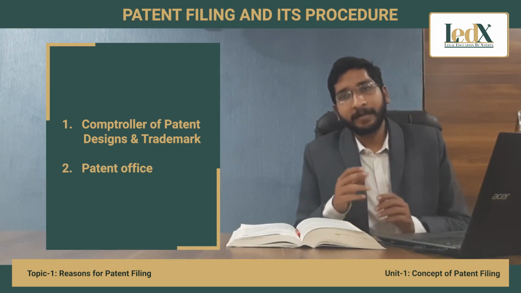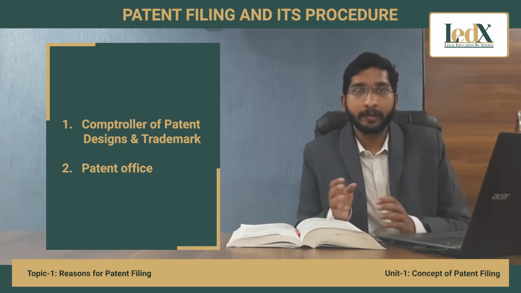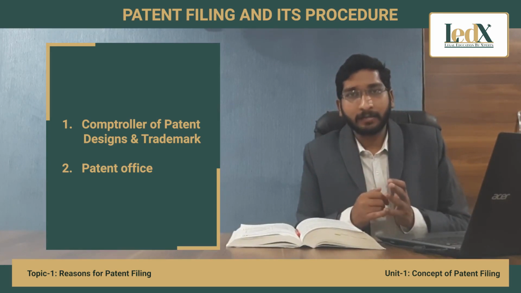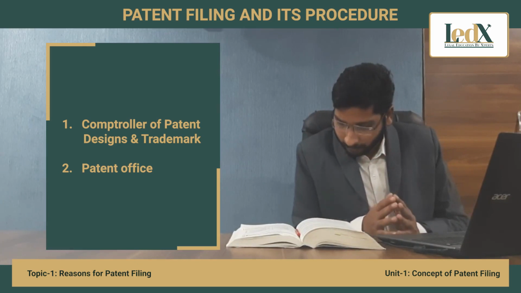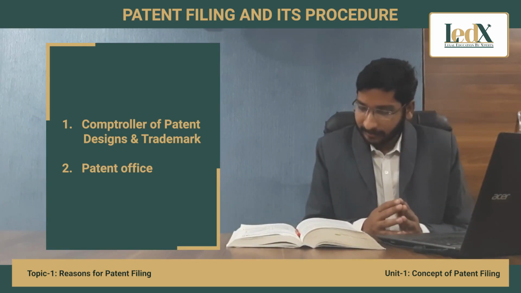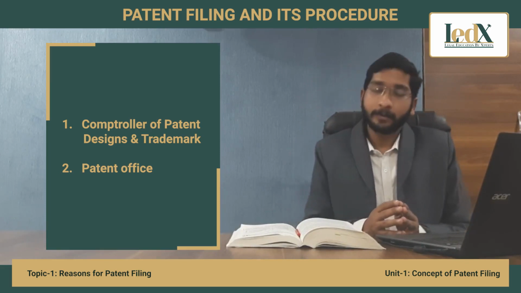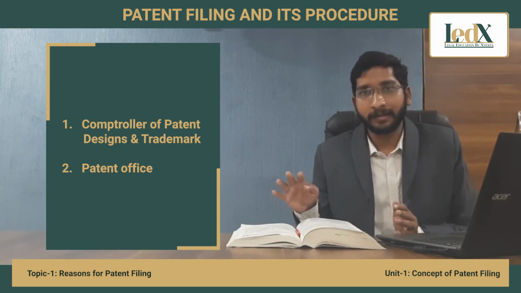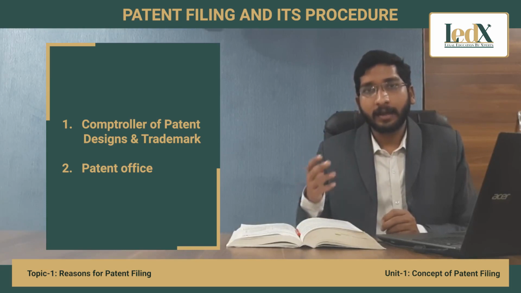The head office of the patent office is in Kolkata, and it has branch offices in Bombay, Chennai, and New Delhi. The office of the Patent Information System is at Nagpur. So we see why these four jurisdictions have been created: Bombay, Calcutta, Chennai and New Delhi.